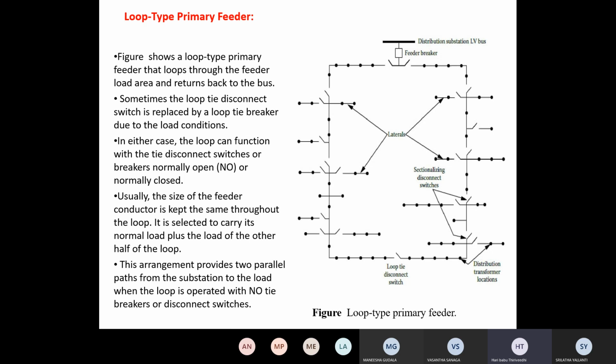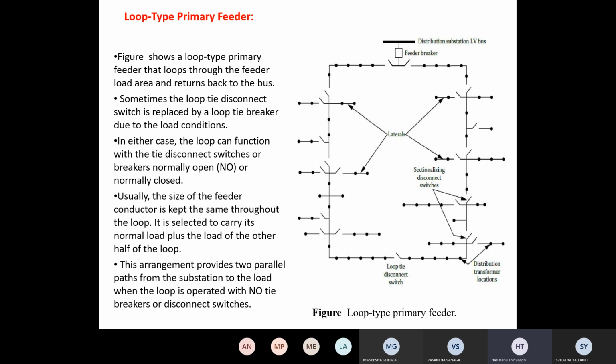Suppose a fault occurred on the feeder, the tie breaker may open and remain open until the fault is isolated from both directions. So in this section, when a fault occurs, this tie breaker and this tie breaker both are open. After isolating the fault, you can provide the supply.